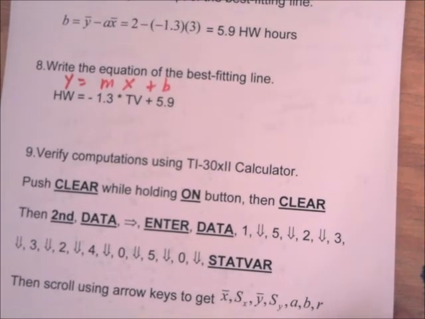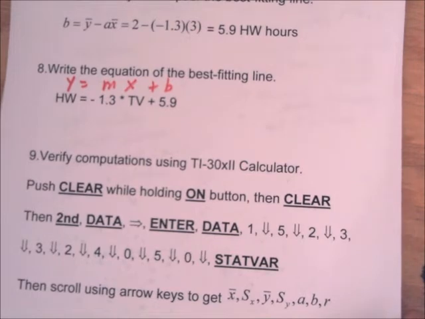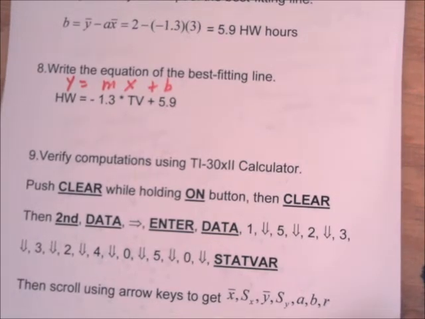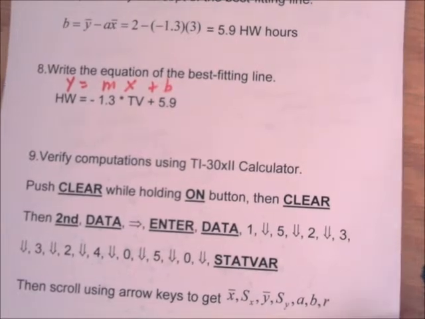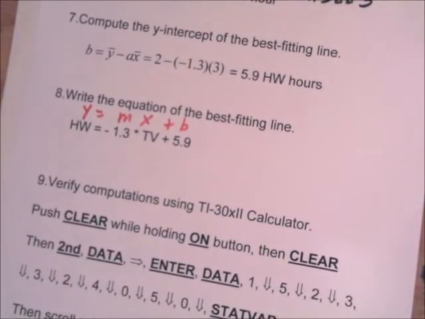But for the test, you should show at least some steps as if you did not use a calculator, just so that I know that you know how to use the formulas. You can do part of it on the calculator if you want, or verify your answer on the calculator.